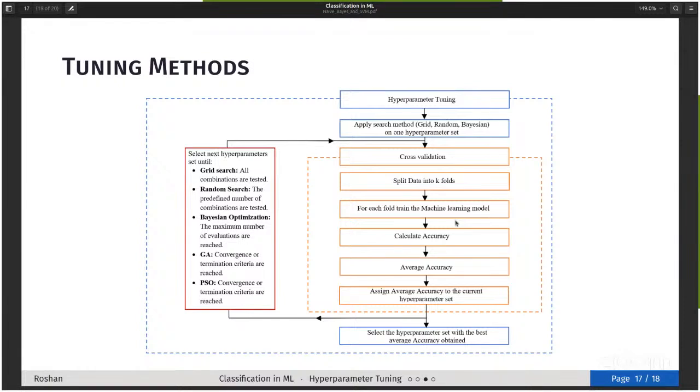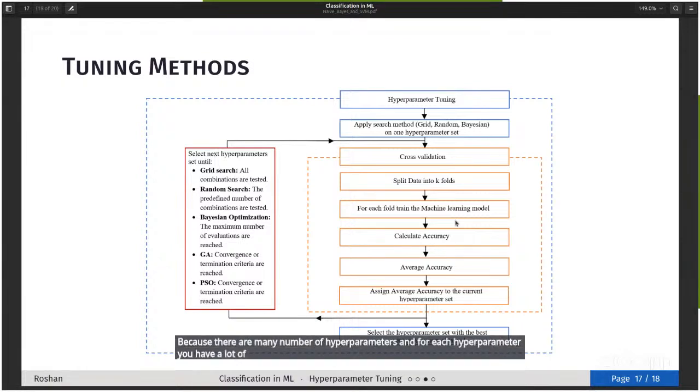Because if there are many hyperparameters, and for each hyperparameter you have a lot of values, if you take all combinations, it's very costly. Okay, you can't run all the models. Each combination you can't keep testing again and again.